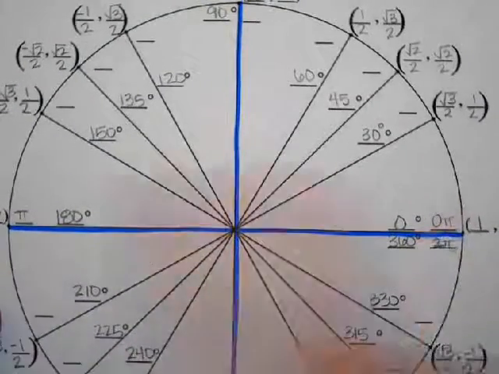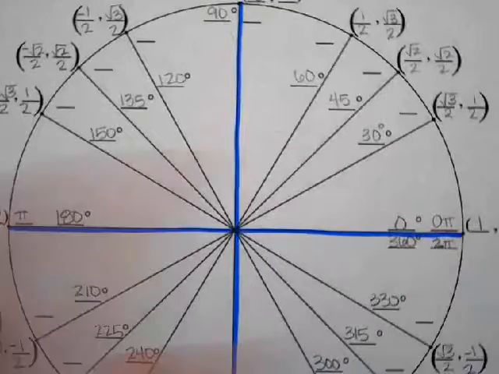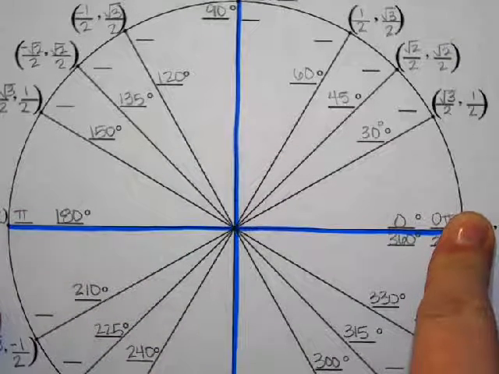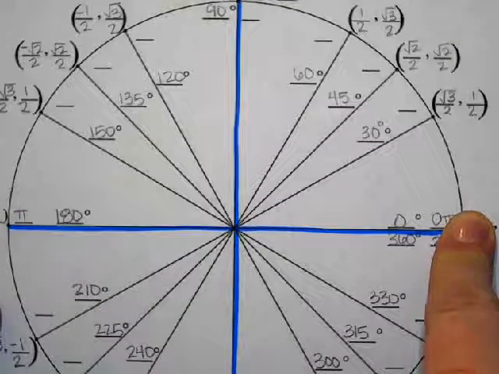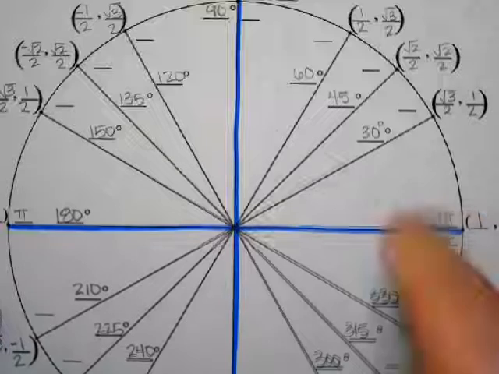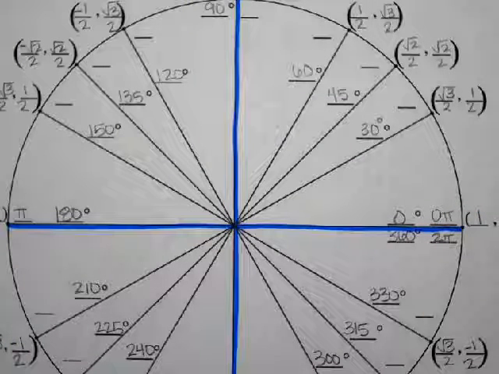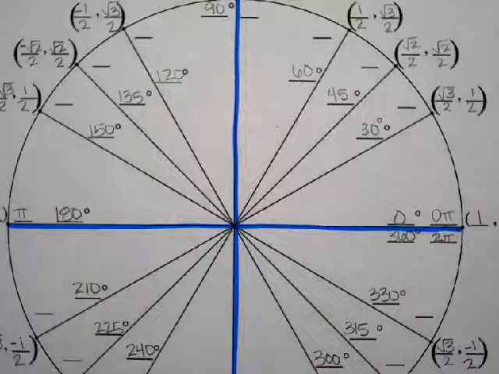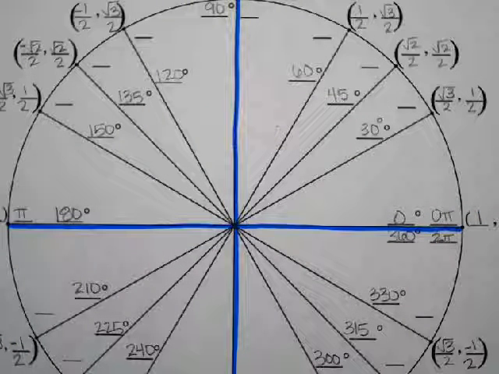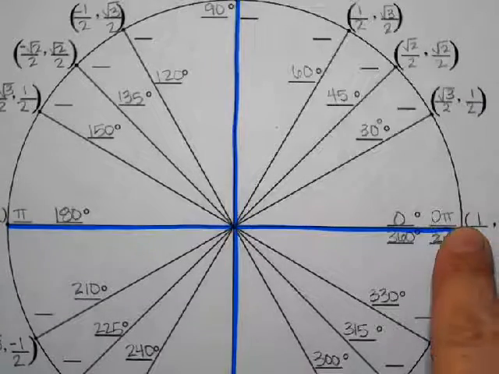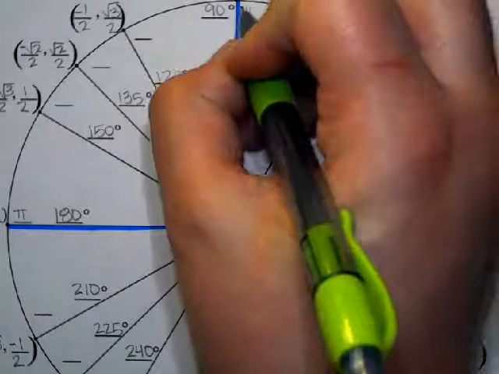All right. Now, are you ready to count by halves? 0 pi, pi halves, 1 half, 2 halves, but I already wrote the number, so I'm not going to write it again. 3 halves.